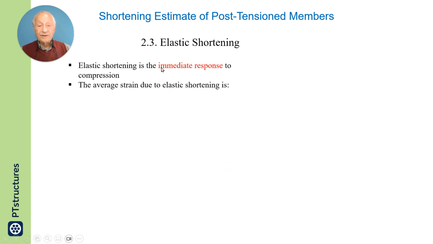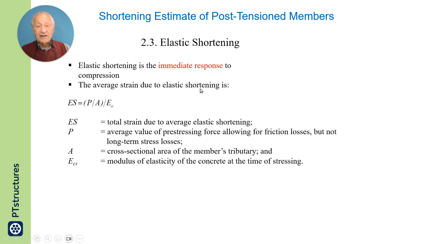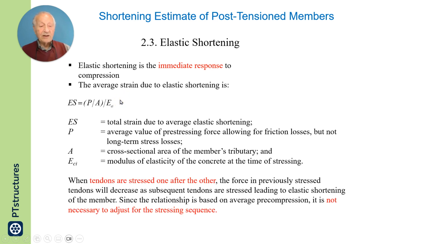The elastic shortening is the immediate response under compression, the shortening under jacking force. The average strain from elastic shortening is the precompression divided by modulus of elasticity. That is the initial strain from application of the force.